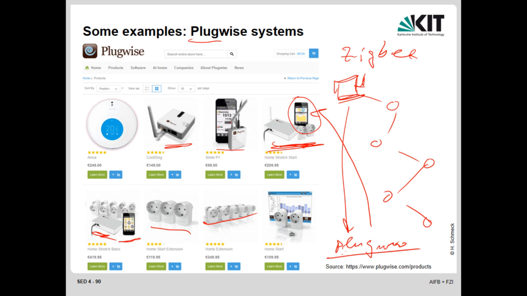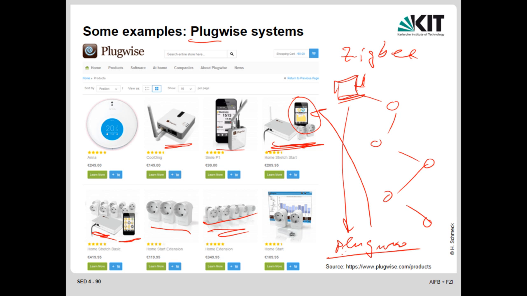So you have quite a fine resolution, you are measuring your energy consumption, and all the information is sent to Plugwise. And you have to pay for that. You have to pay to get those devices, and they get all the information about what's happening in your house.